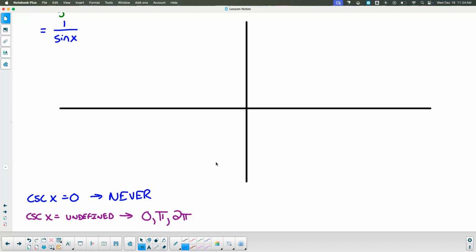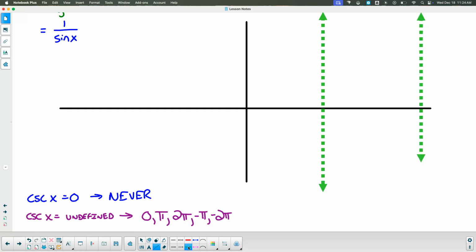Negative pi and negative 2 pi. Okay. With me? So those give us the vertical asymptotes. They're not color matched, but that's okay. Actually, it's not okay, but we'll fix it in post.